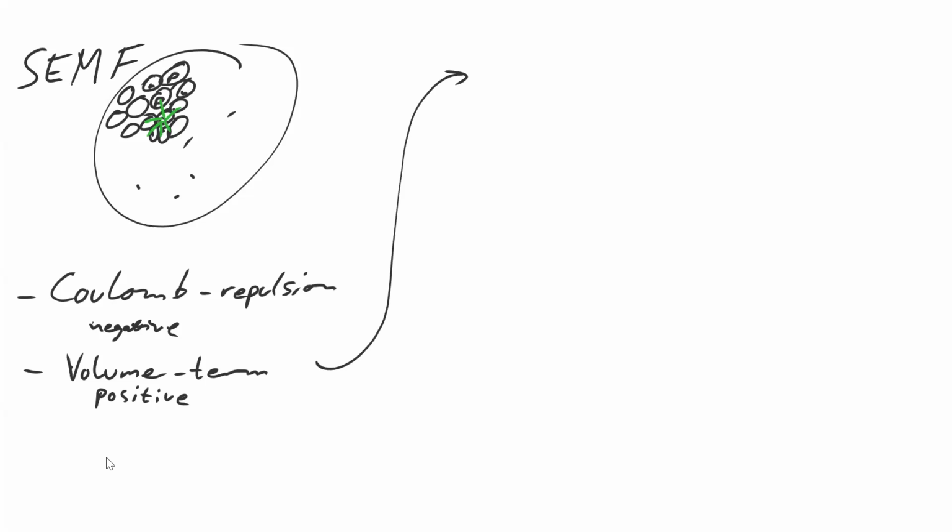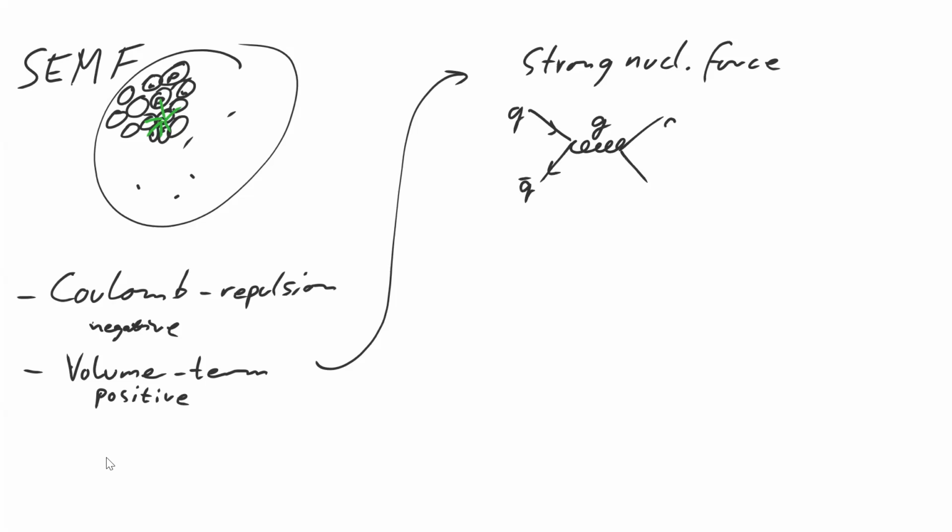So we know the strong nuclear force now. It's basically when we have two quarks, they can exchange a gluon, say a quark and an anti-quark, and that can couple to a different quark pair.